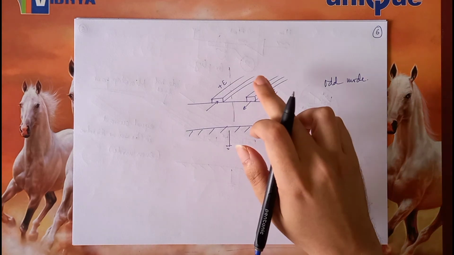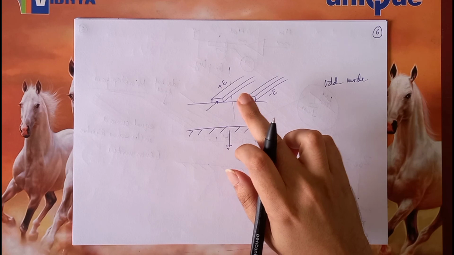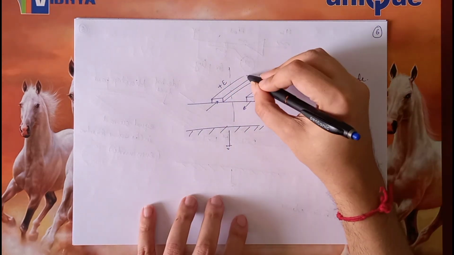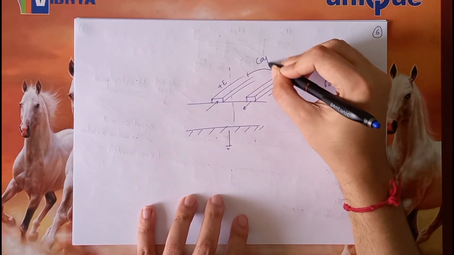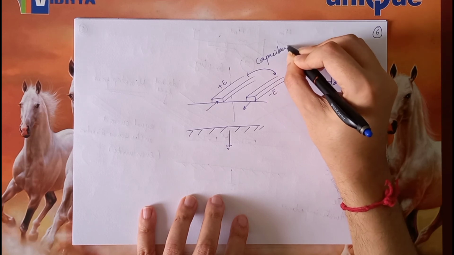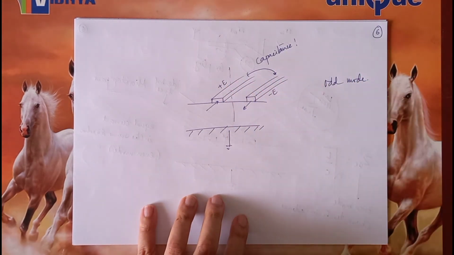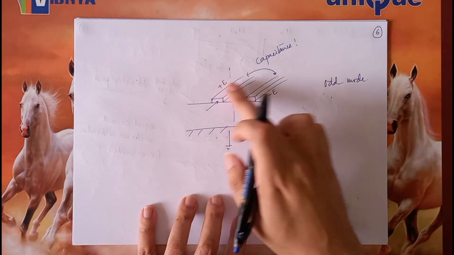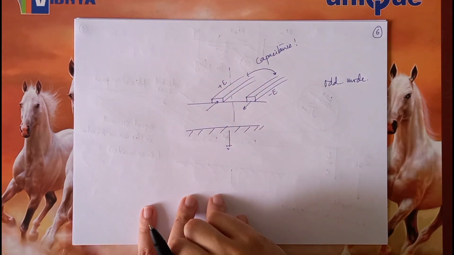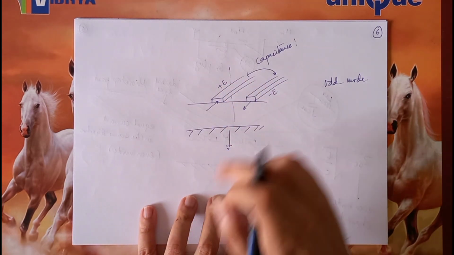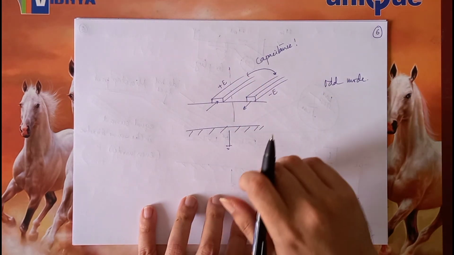Well, I can say that some sort of capacitance is there between the two lines. Because as you know, capacitance exists when there are two conductors with opposing electric fields and no direct connection between the two.